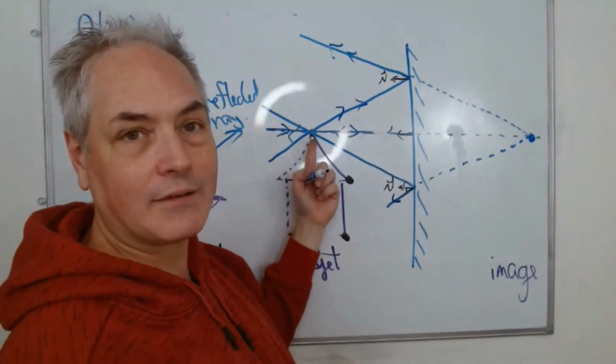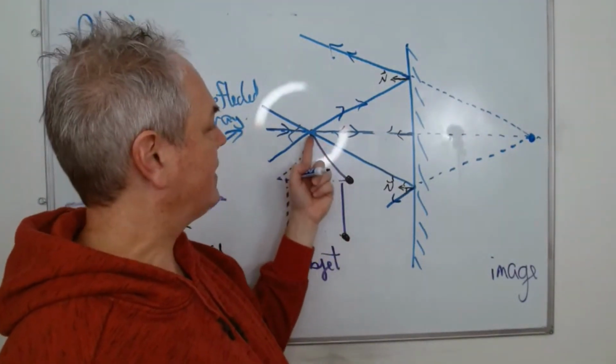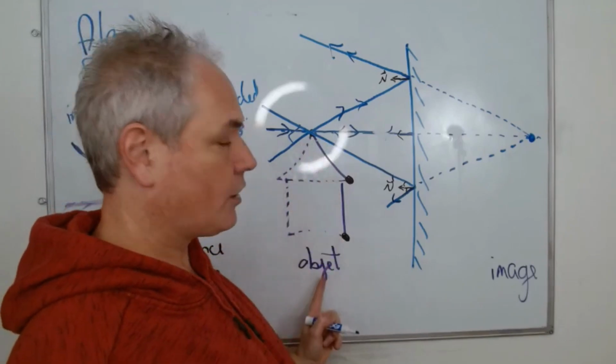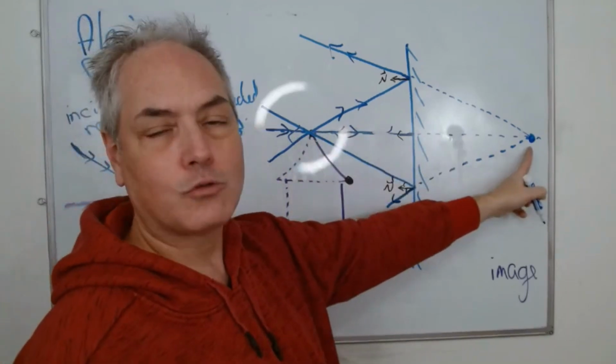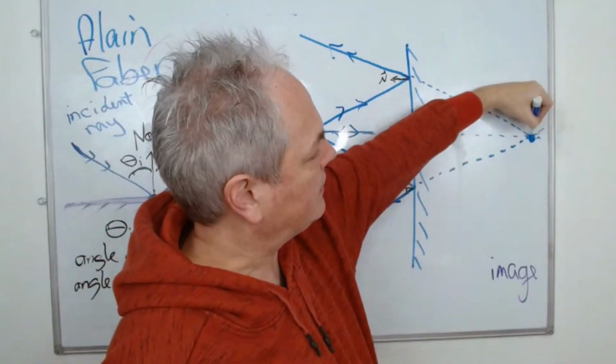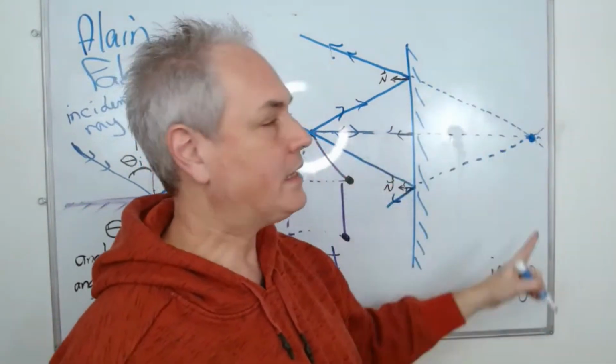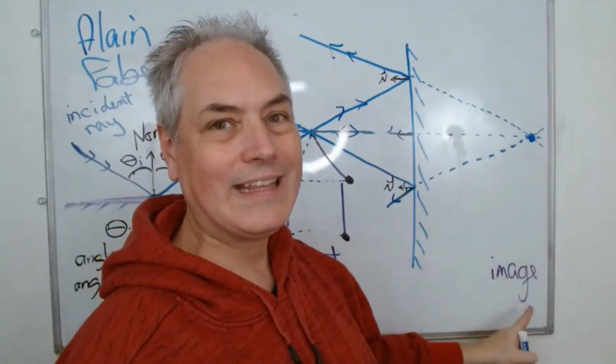So that means that we have here three rays of light, meaning at this point on the object, the three rays of light that are meeting here will be the meeting point for the image.